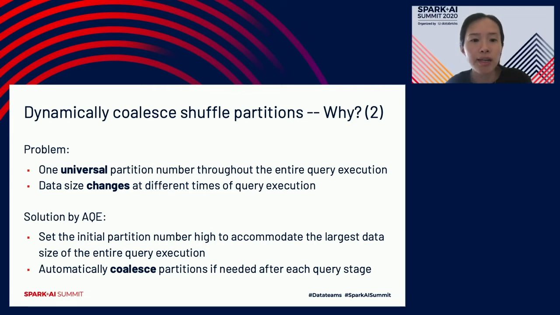And that's why AQE does this dynamic coalescing of shuffle partitions. So you can start with an initial partition number big enough to accommodate the largest data blow-up point in your query, and then rely on AQE to coalesce the partitions after each stage, suiting the partition number to the actual data size as it changes throughout the query.